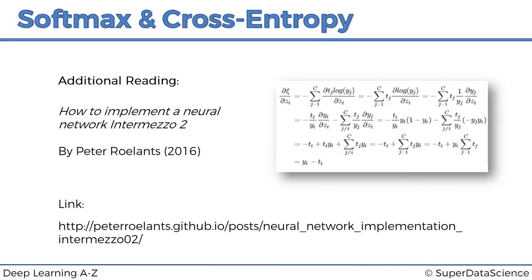If you want to dig into the heavy math, like what you see here, then check out a blog post called How to Implement a Neural Network Intermezzo 2. Intermezzo is like an intermediate thing, like when you go to a theater and you have a break between the first part and the second part, because he's going through all these steps and then he says, oh, I've got to explain this first.